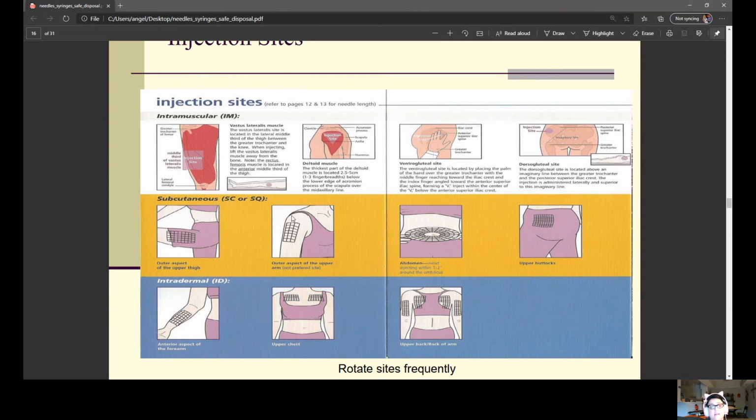Now, subcutaneous is given at a 40-degree angle, right? I'm sorry, 45-degree angle. What you want is to get into that subcutaneous fatty layer. So you squeeze and pinch up the area at a 45-degree angle. You could use the outer aspects of the arm.